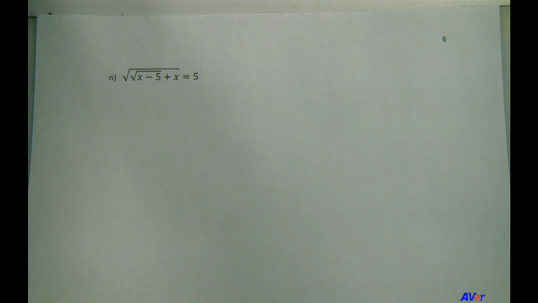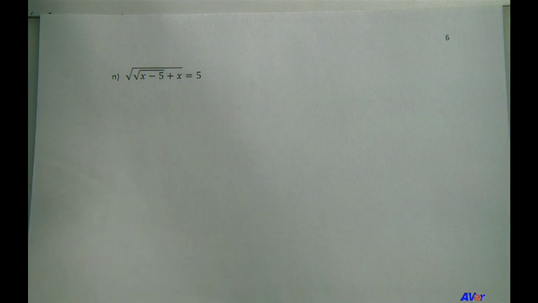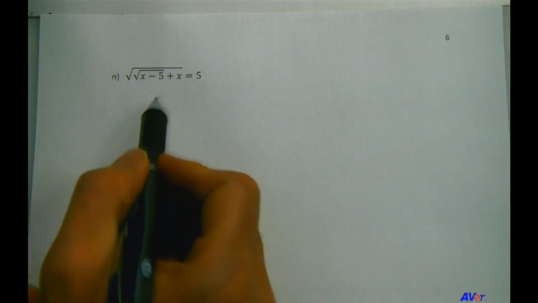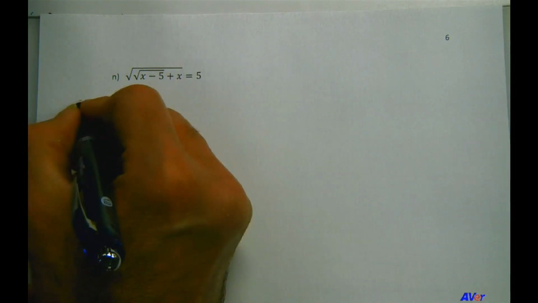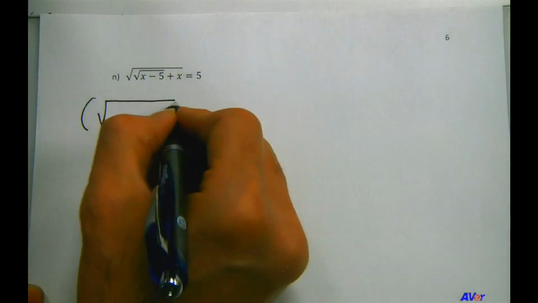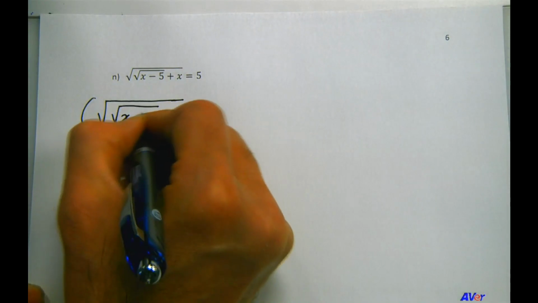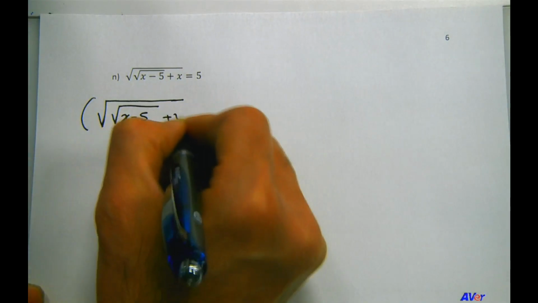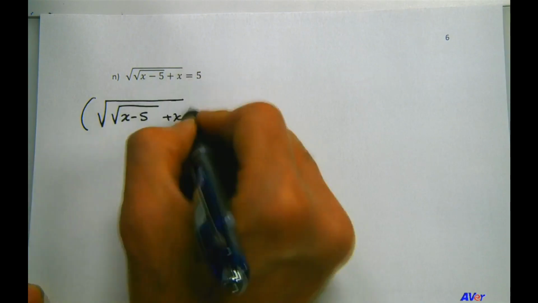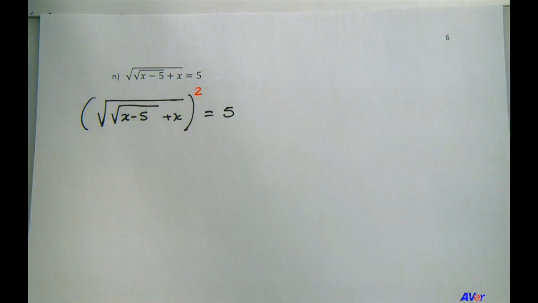So let's do that. Everything is under the radical expression, so I'm going to square both sides. I'm going to say square root of x minus 5 plus x. That x is outside of this one, right? All of that squared equals 5 squared.